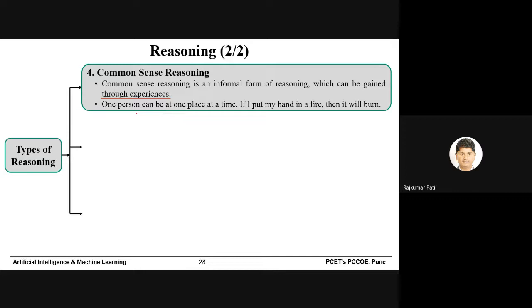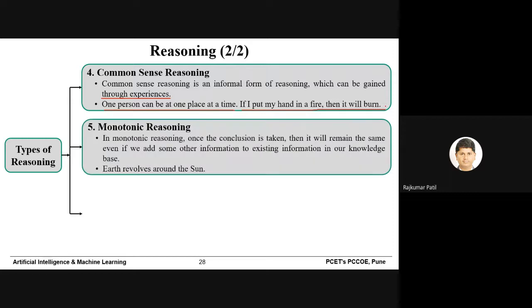That is obvious, and over a period of time we learn this. And if somebody says a single person is at two different places, then we don't believe it, because we know the fact that one person can be at one place at a time. A second example could be, if I put my hand in fire, then it will burn. That is also very common sense. So this is another type.